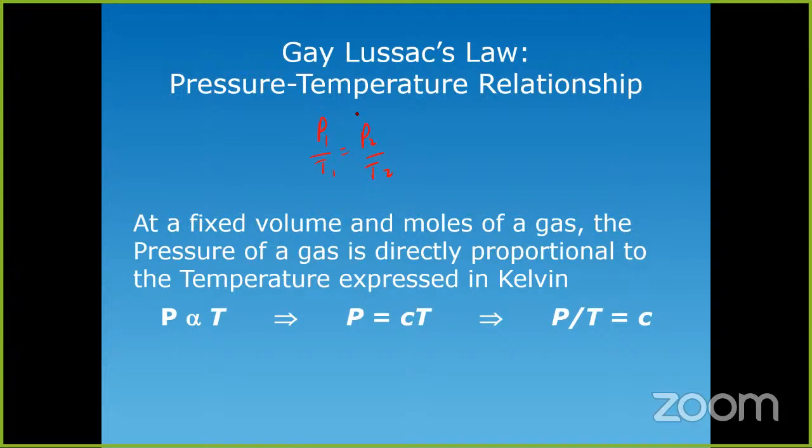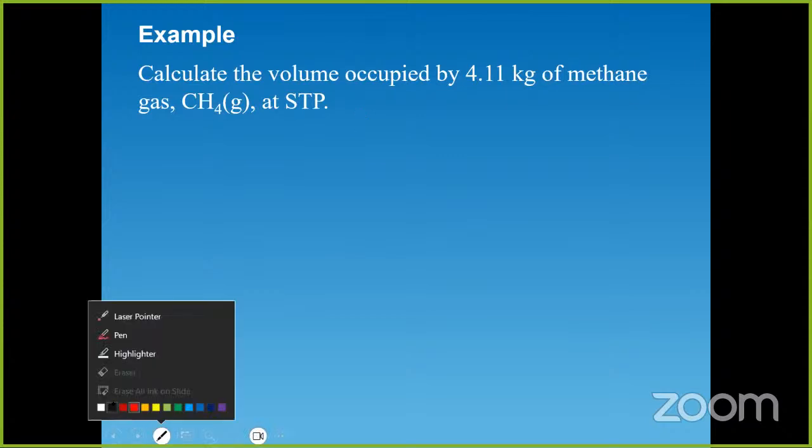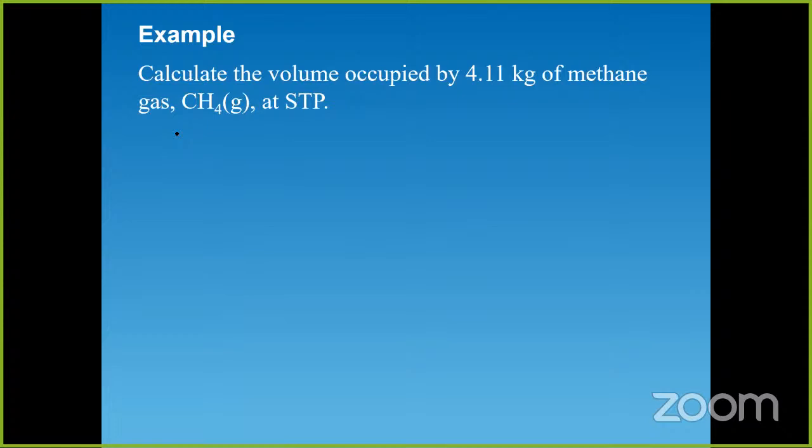All right. Okay. So based on what we have covered so far, we should be able to do questions such as this one right here. This question says, let me get my black ink ready. This question says, calculate the volume occupied by 4.11 kilograms of methane, and it gives you the formula of methane, under STP conditions. So basically, they gave you 4.11 kilograms of methane, and they're asking for the volume, presumably in liters, of methane at STP.